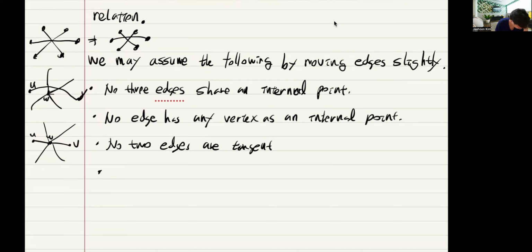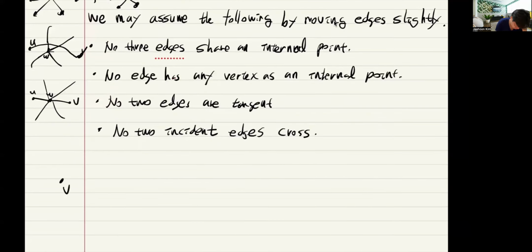Also, we can assume that the two incident edges cross. Meaning that if you have a vertex here, and you have an edge, and you have another edge, then what?